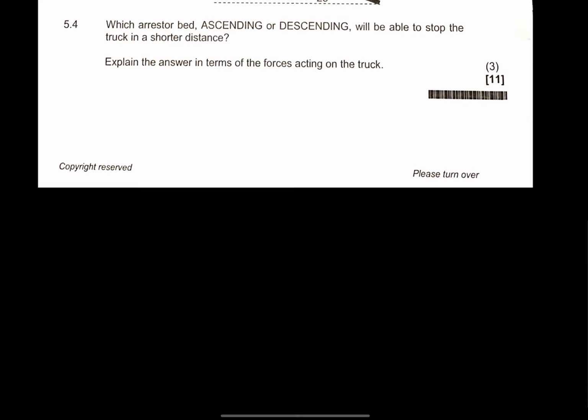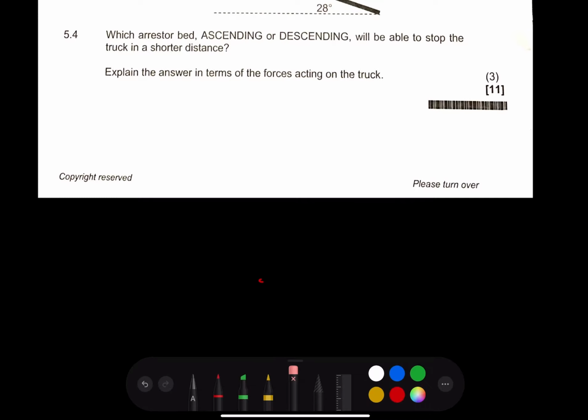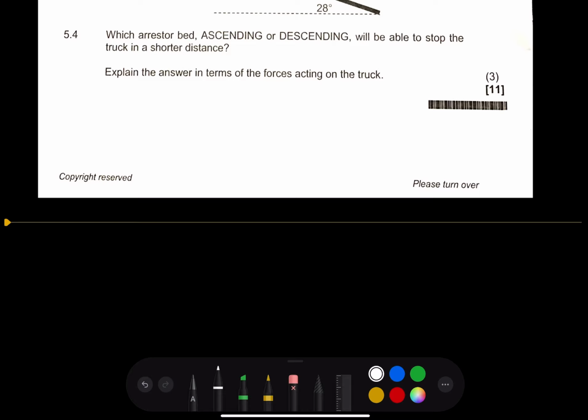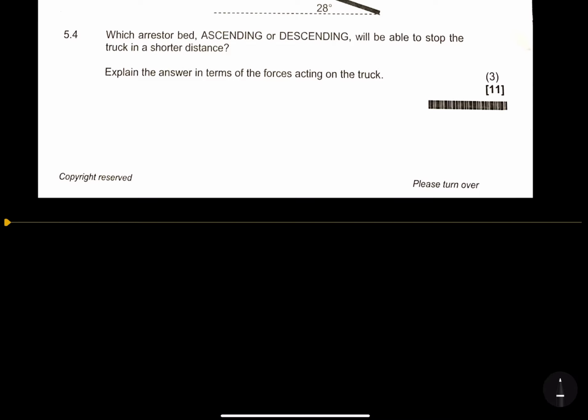So first of all, we've got a situation where we are looking at the forces that are acting on the incline. Which forces would be acting? We said we've got the frictional force, which would be opposing.